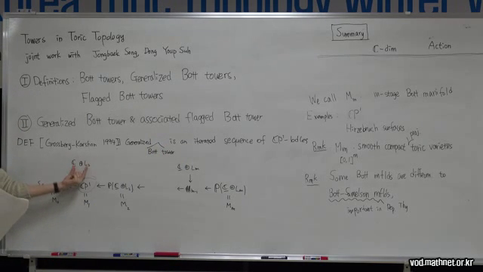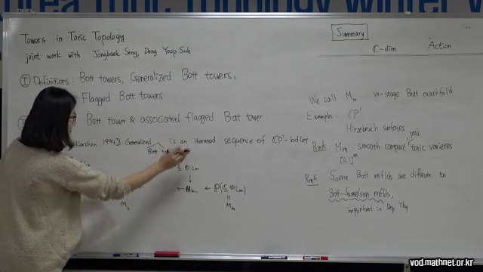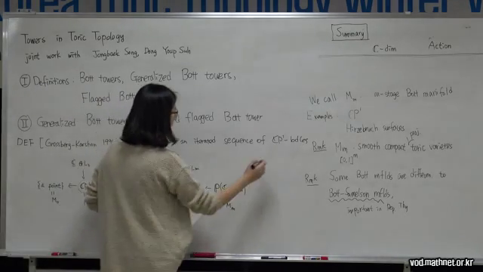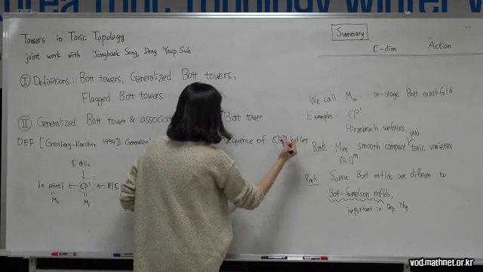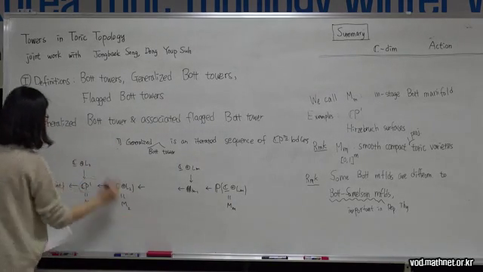Instead of taking the sum of two line bundles, you can take any sum of line bundles. So it means that a generalized Bott tower is an iterative sequence of CP^n bundles.